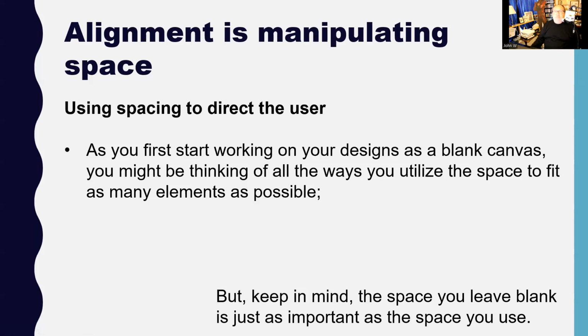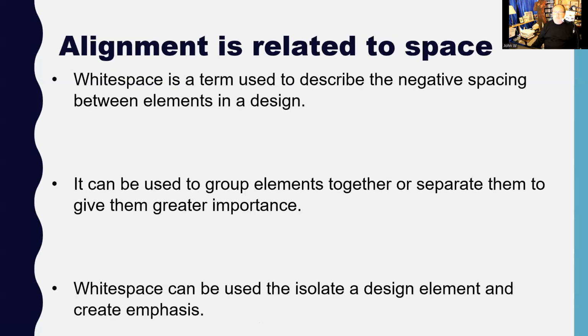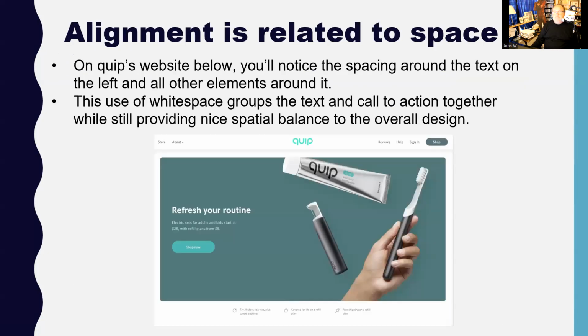Alignment is manipulating space, using spacing to direct the user, just like this slide does for you. Read it on your own. White space is a term used to describe the negative spacing between elements in a design. We talked about that a couple of units ago, didn't we? So here, this Quip.